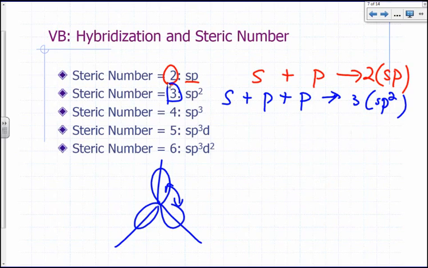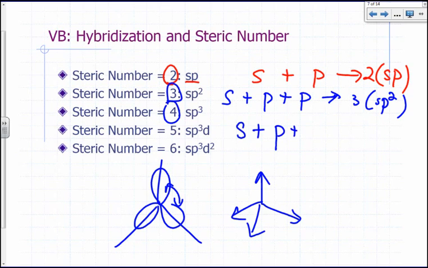And similarly, if you want to account for the tetrahedral arrangement of 4 electron domains sticking out of an atom, then you're going to have to hybridize an s orbital with 3 p orbitals. That should give you 4 sp3 hybrids.